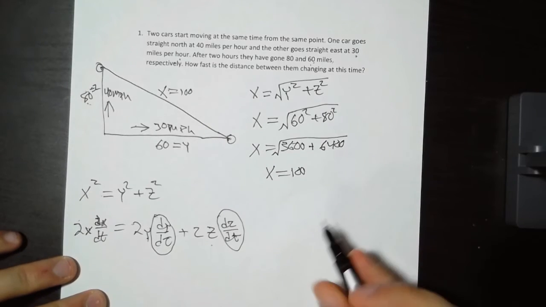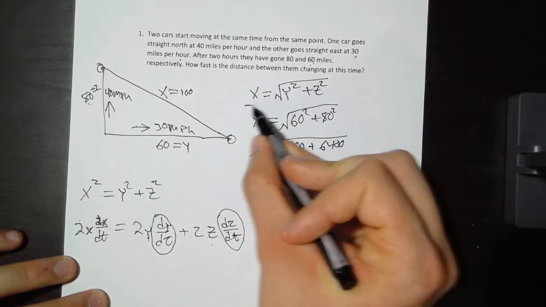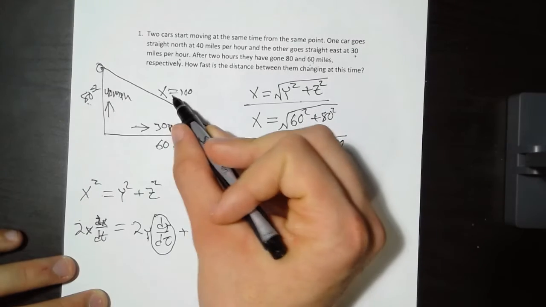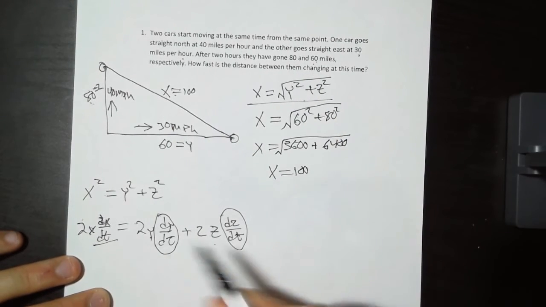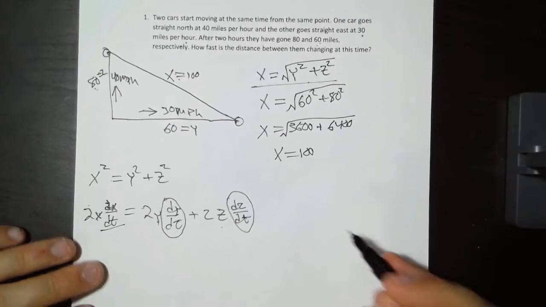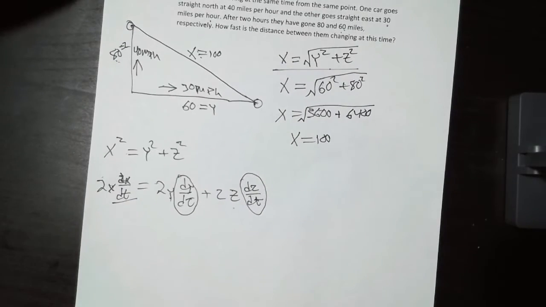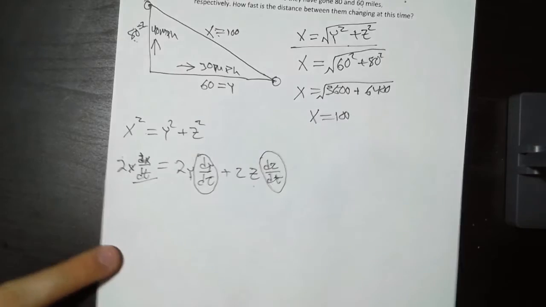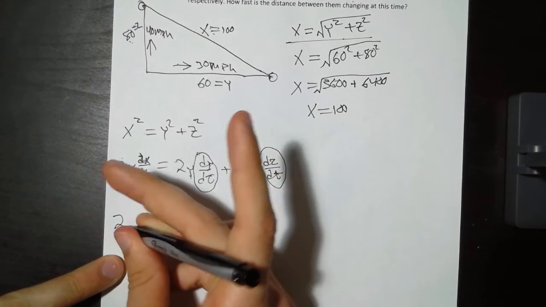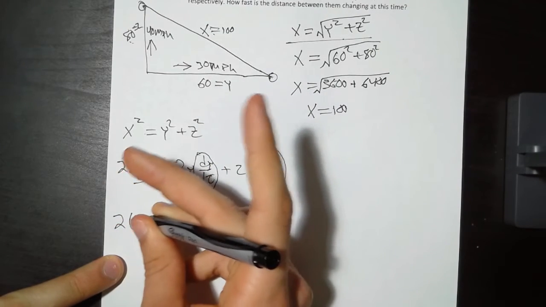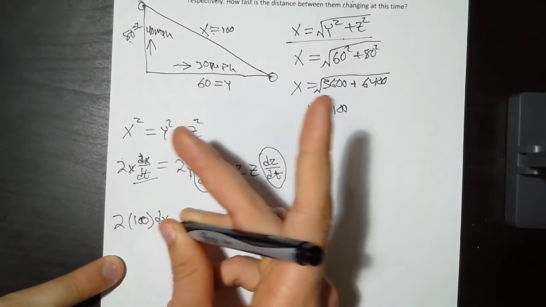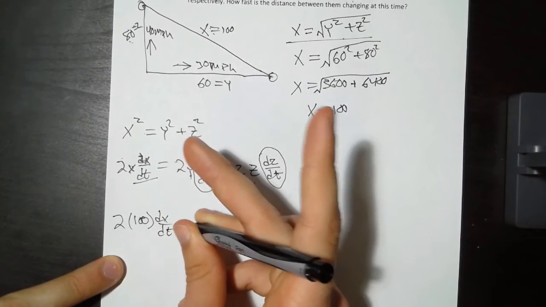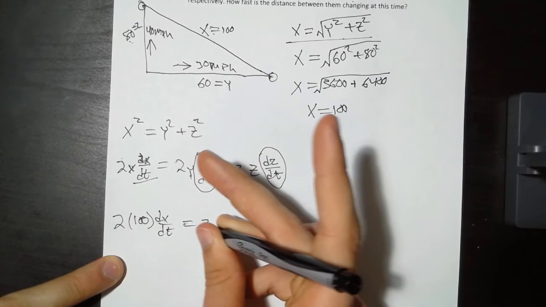So we're going to plug those in, and then also by Pythagorean theorem we figured out what x equals. So our only variable left now is going to be dx over dt. So we're going to have to get that on its side by itself. But first, we're just going to plug in everything. So we have 2 times 100 dx over dt equals 2.